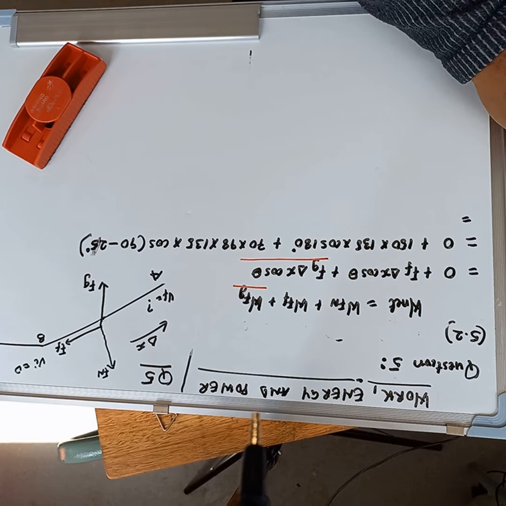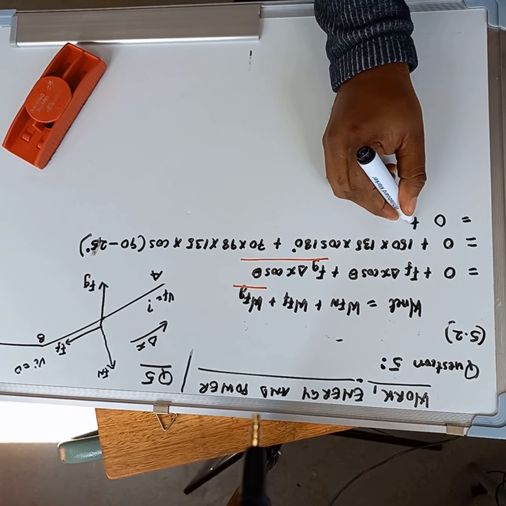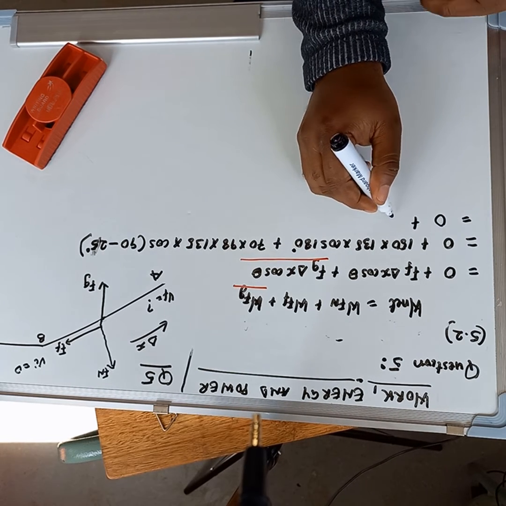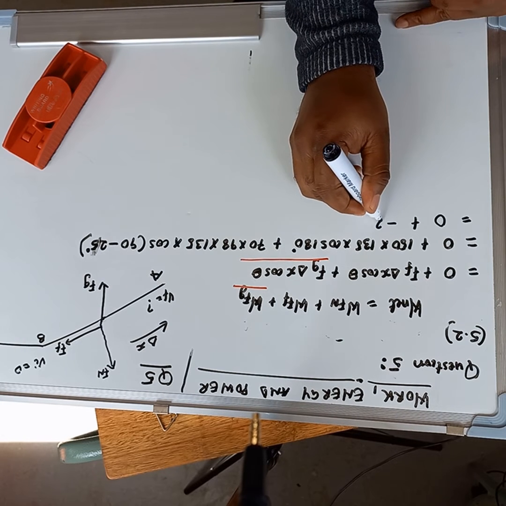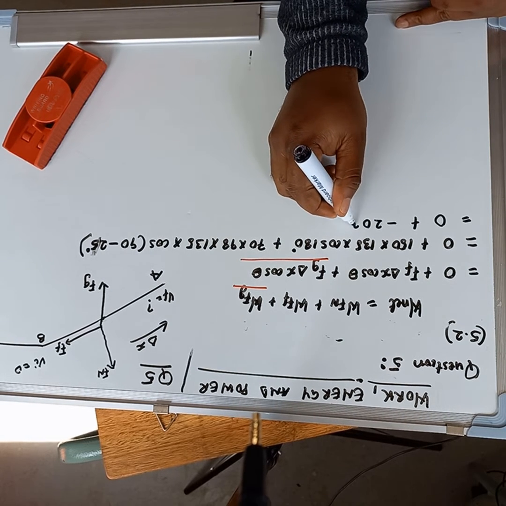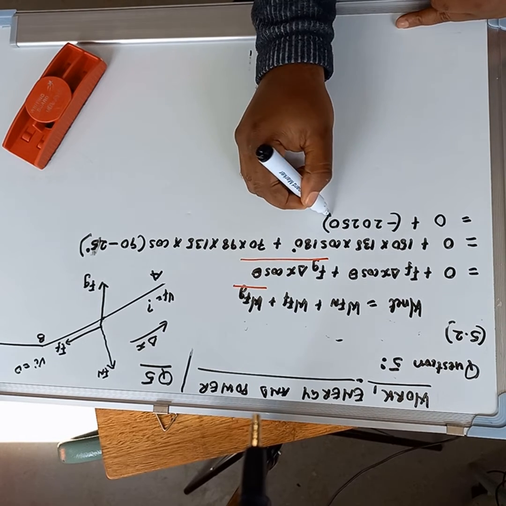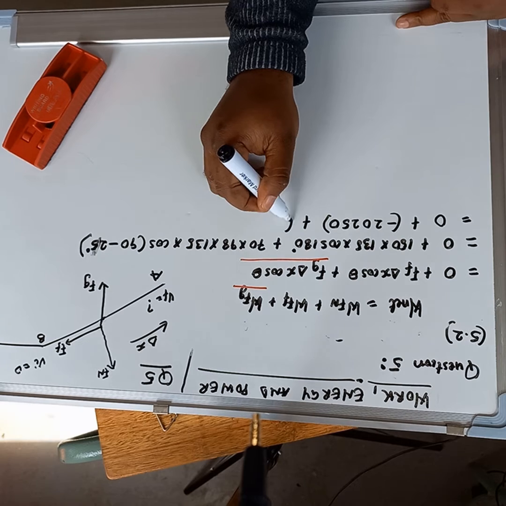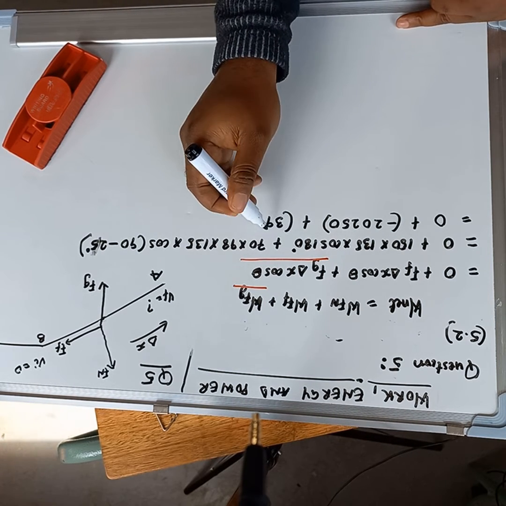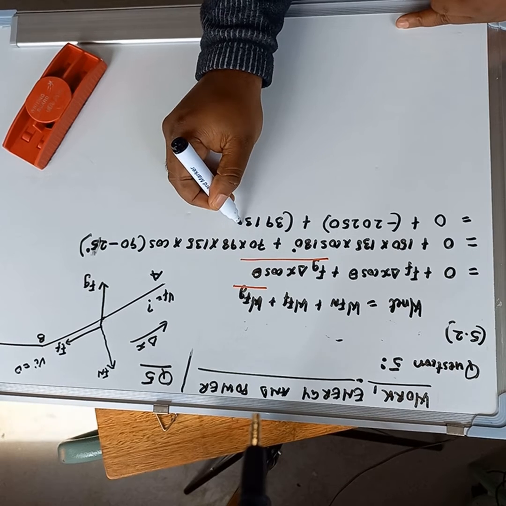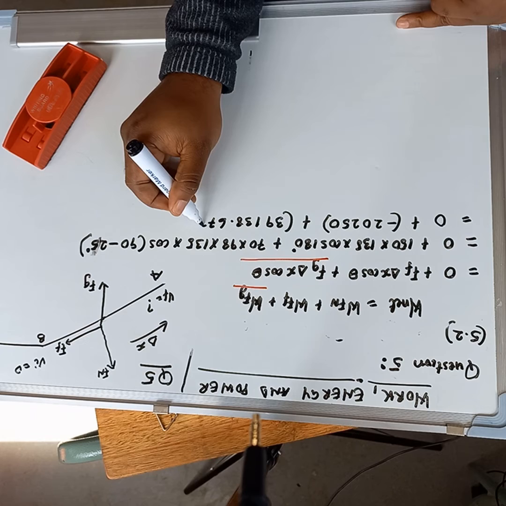If you punch everything in the calculator, we still have 0 plus, because cos 180 is minus 1, we are going to get a negative value for the work done by the frictional force, plus the work done by the gravitational force, 9138.677.